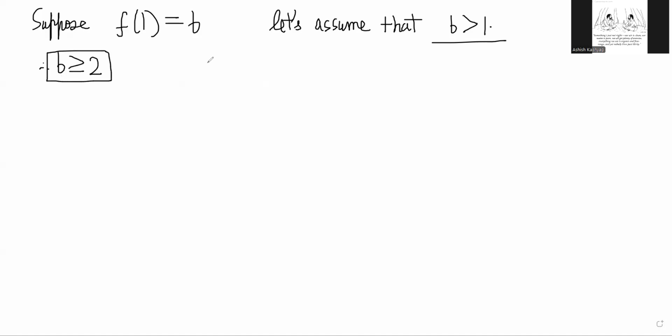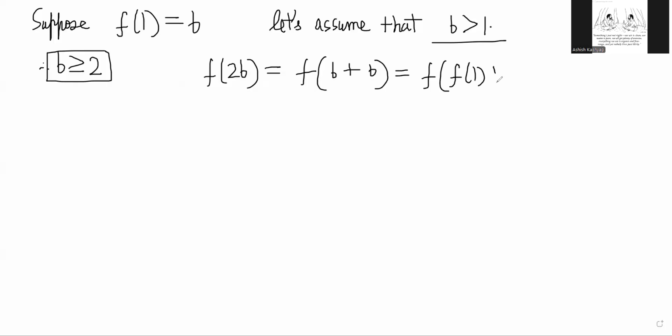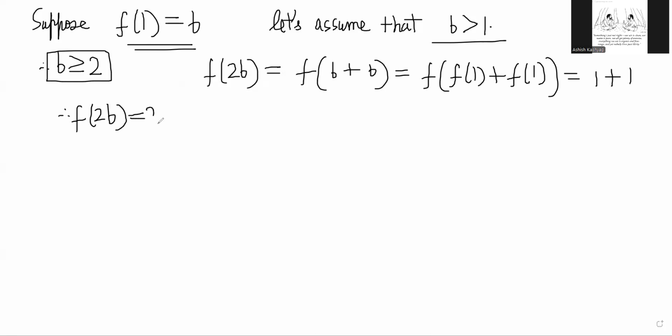So f of 2b will be equal to f of b plus b, which will be equal to f of 1 plus f of 1, because we have assumed f of 1 is b, which equals 1 plus 1. So we get f of 2b is equal to 2 from here, right?